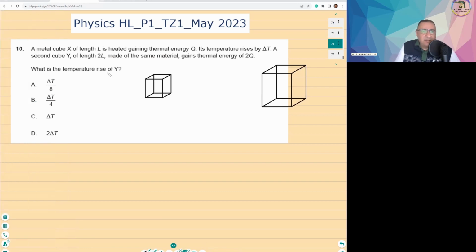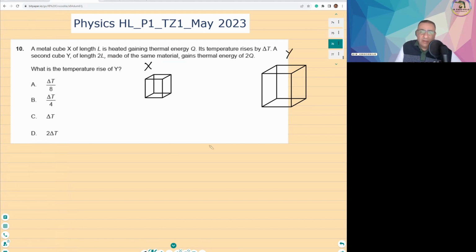Let's say this is cube X, with edge length L, and cube Y with edge length 2L.